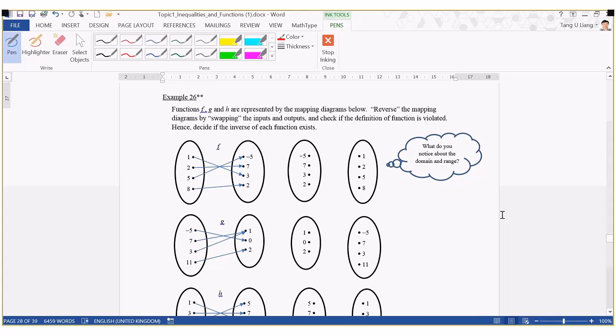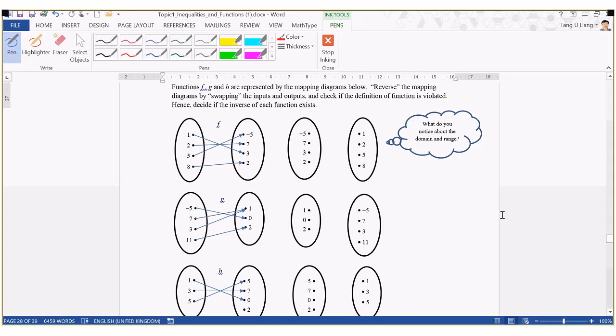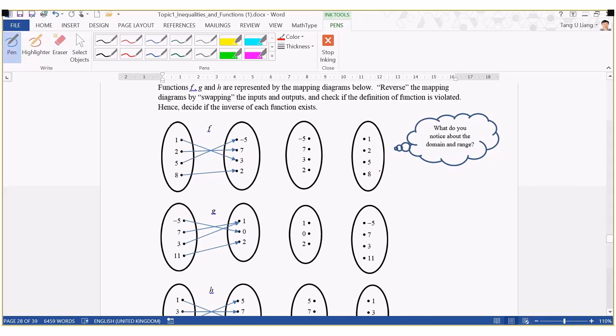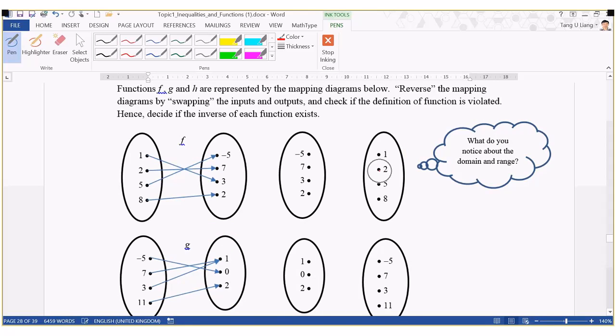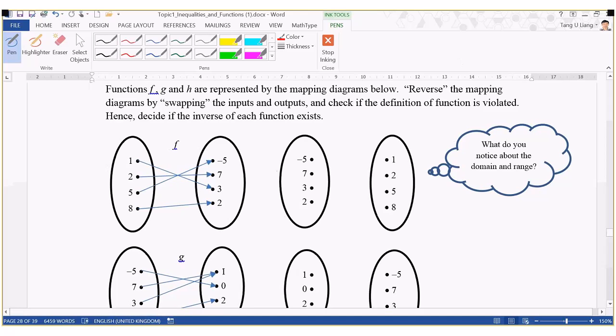I want someone to help me do this. You guys look at the first. I'm going to give you control to enable you to scribe on this Word document. Okay, anyone. Okay, Java volunteered. Yes. So Java, can you look at F?